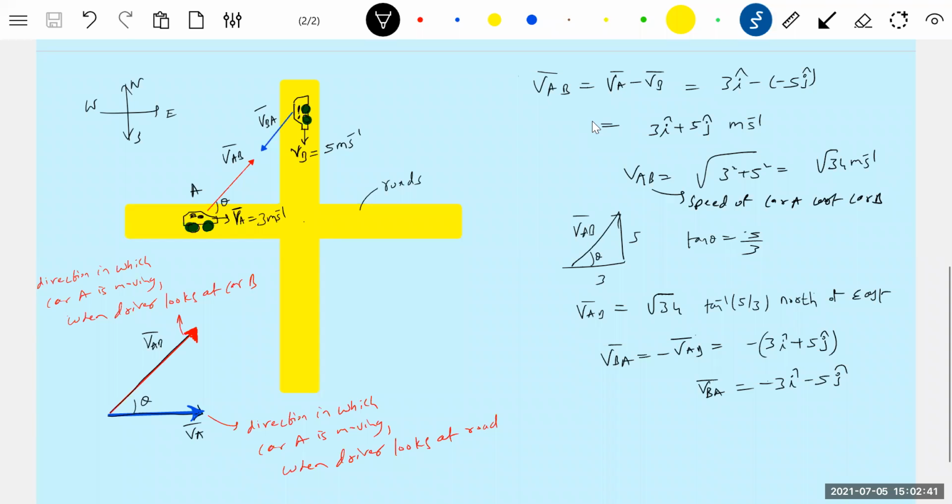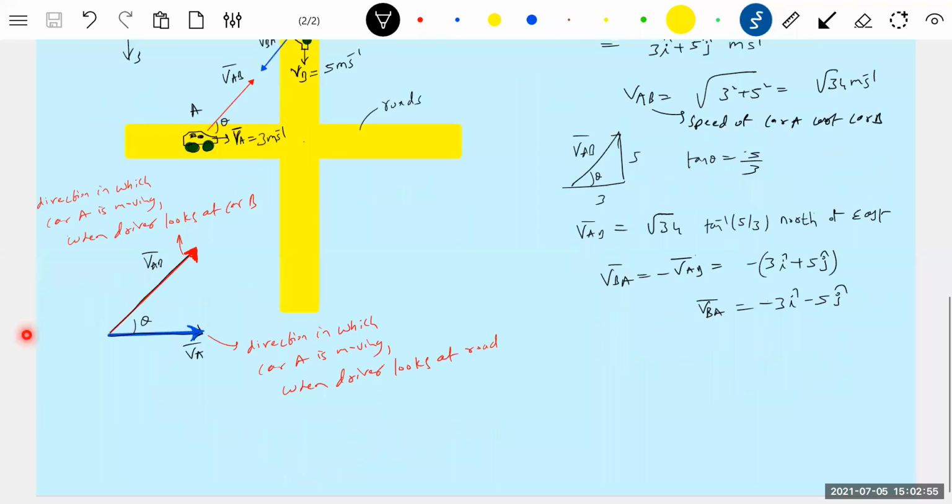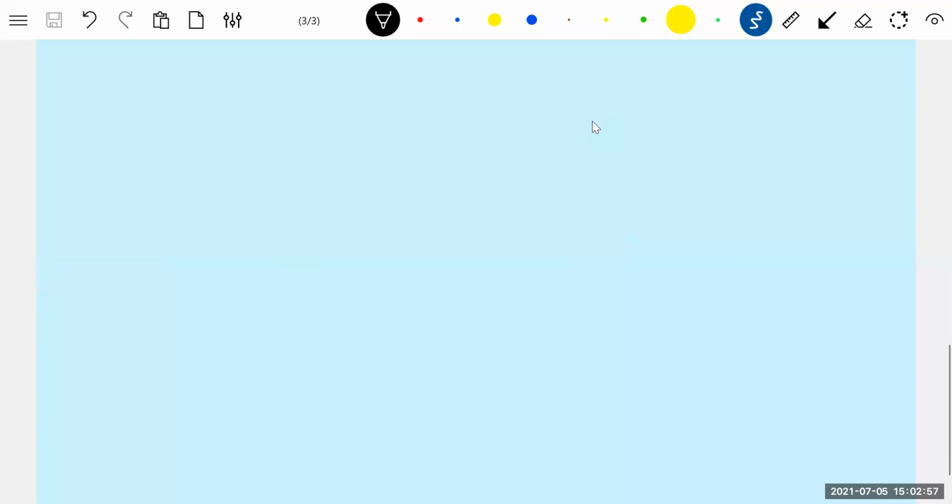Now here only, we'll take a small example, then we'll move into the rain umbrella concept. It will become very easy for you. Completed. Okay, we'll take the next example.